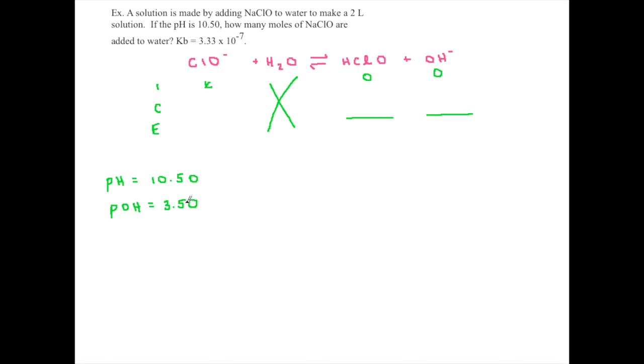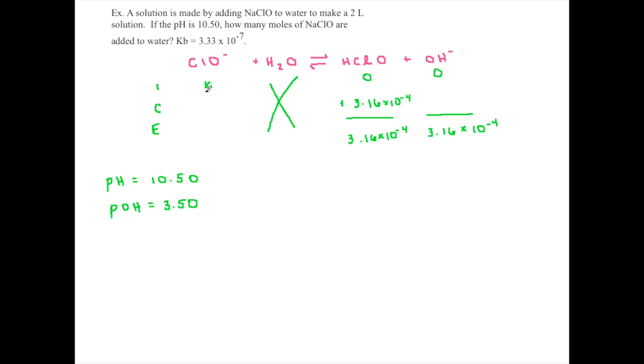So my concentration of hydroxide, all I need to do is take 10 raised to the negative this value to find my concentration of hydroxide, and I find that it's 3.16 times 10 to the negative 4th. Same thing here, 3.16 times 10 to the negative 4th, which tells me that that was this value plus 3.16 times 10 to the negative 4th.